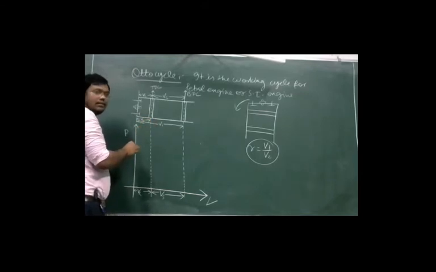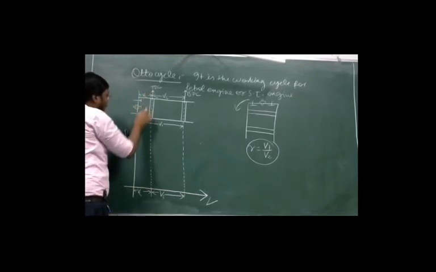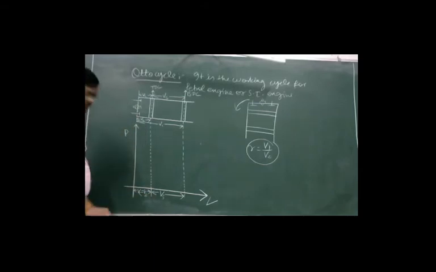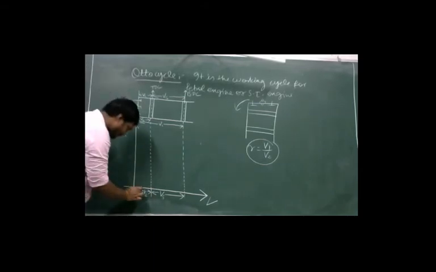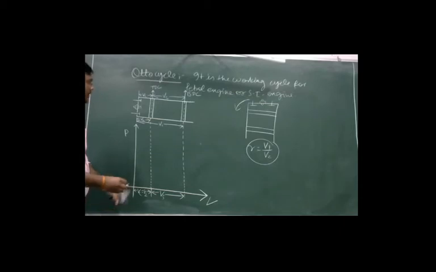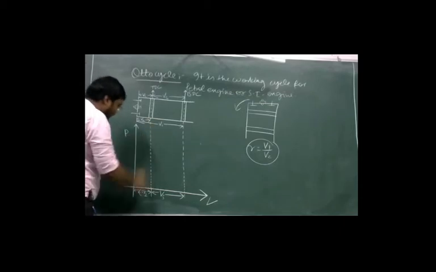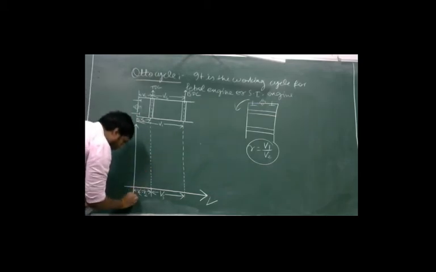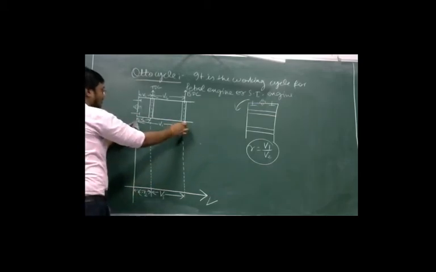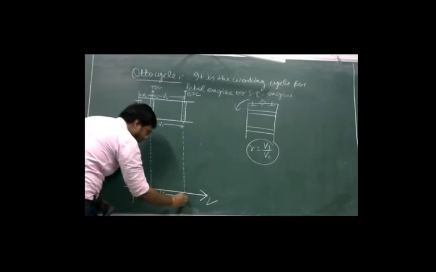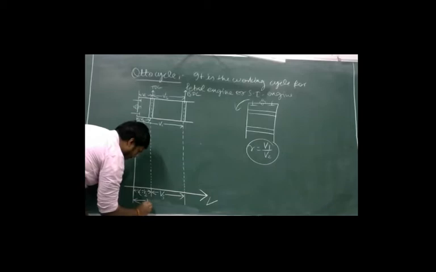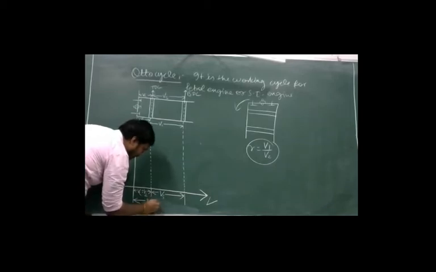Okay, that's why we said that VC should be equal to V2. Okay, in the previous class we have seen that, and this is the total volume. This total volume V1 can also be represented on the volume axis. So this is the total volume V1.